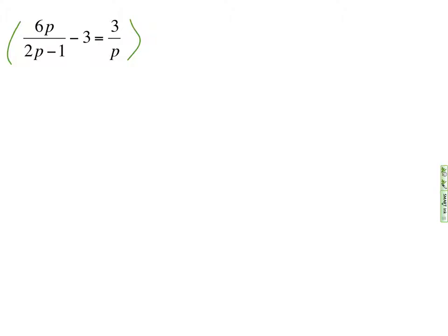What's going to cancel out the 2p minus 1? Wouldn't it just be 2p minus 1 is going to cancel out 2p minus 1? What's going to cancel out the p? P is. So my common denominator is 2p minus 1 and p.